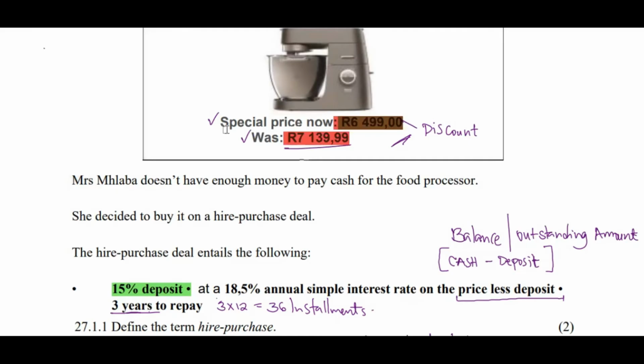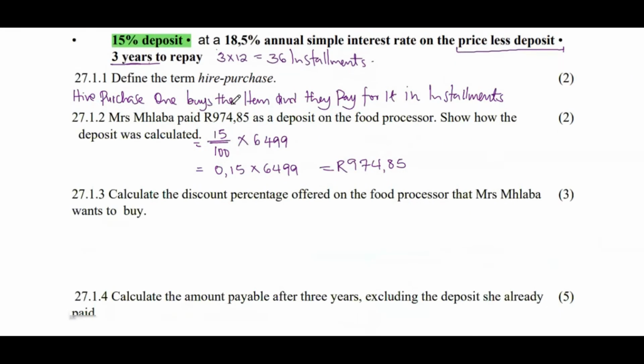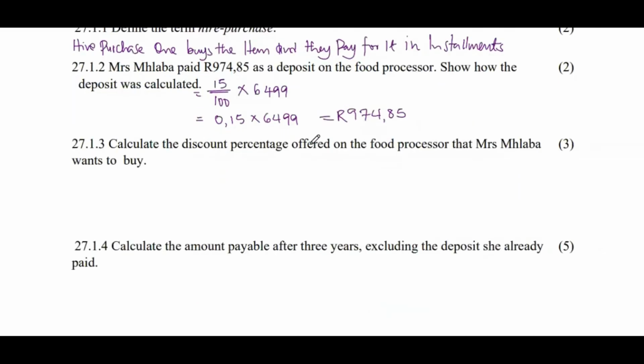Originally, it was this much, the initial amount. Now it changed to that much, and it's less than what it was before. There's a change between these two values. That's a discount. But they're asking what discount percentage it was.